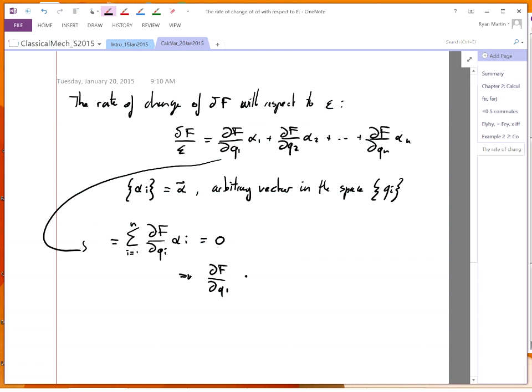So we find that ∂f/∂qi alpha i is going to be equal to 0 regardless of the choice of alpha i. So that little symbol means for all values of the thing. And so that means that ∂f/∂qi equals 0 for a stationary point of f.